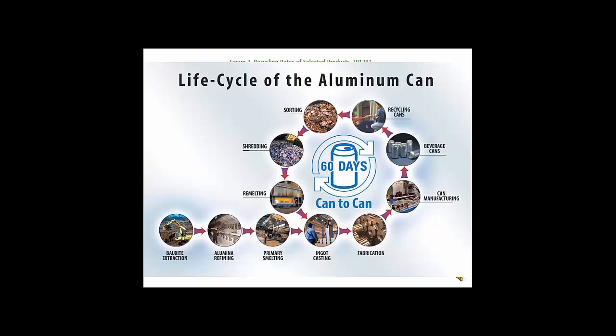Even aluminum cans, highly recyclable, were at about 55% diversion, and yet we can make new aluminum cans from old aluminum cans in about 60 days through a highly energy-saving process.